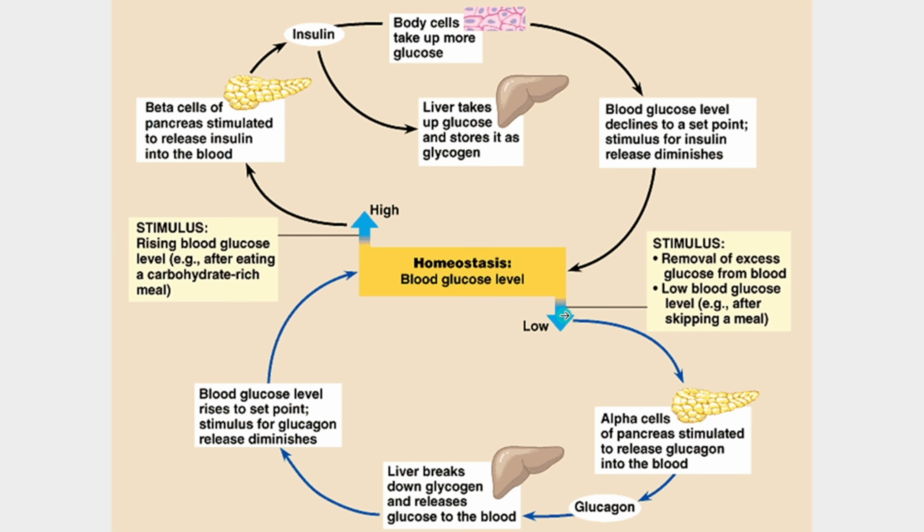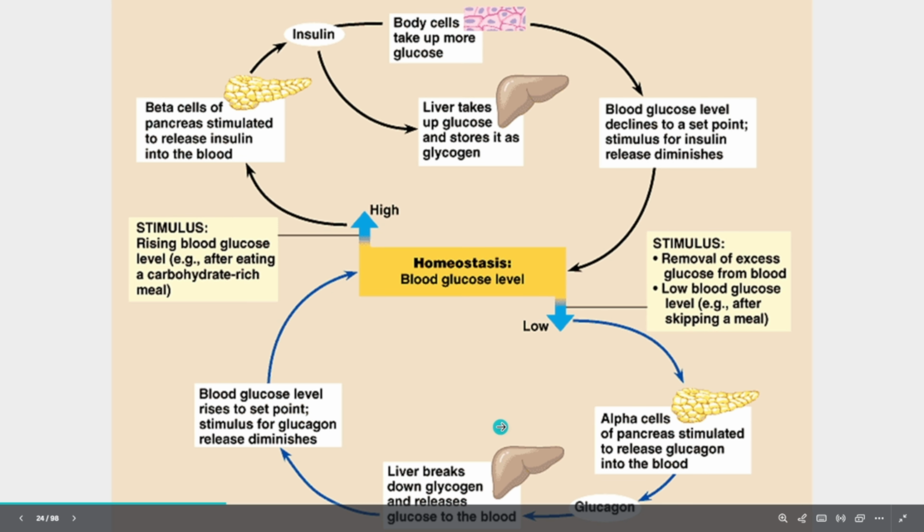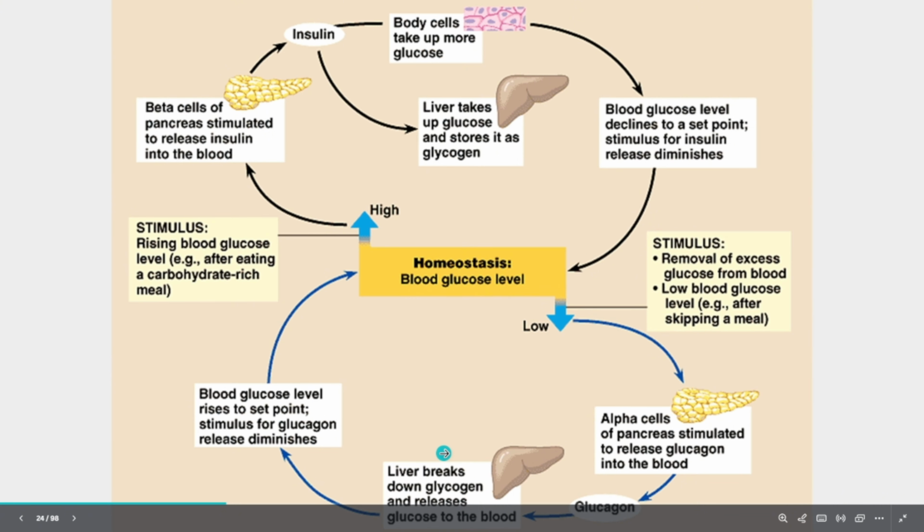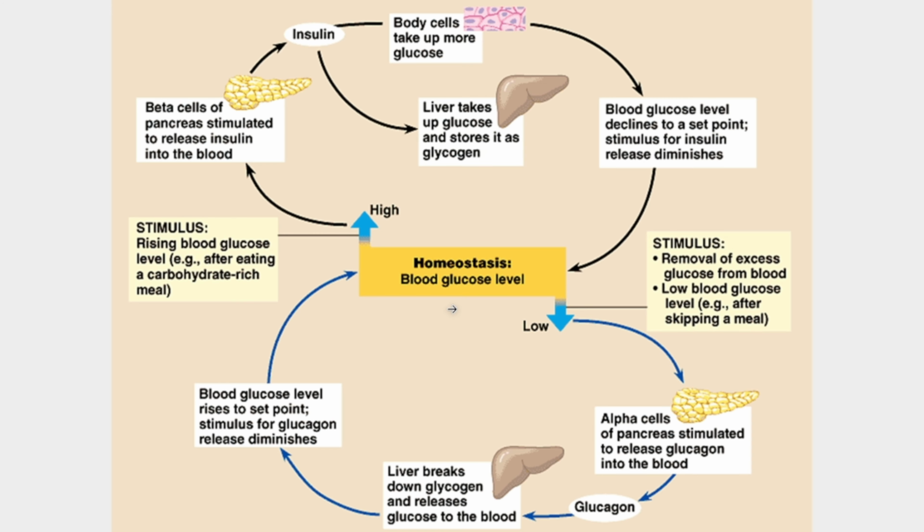Similarly, when your blood glucose level is low, the alpha cells of the islets of Langerhans in the pancreas are stimulated to secrete glucagon. Glucagon will be transported to the liver and break down, or hydrolyze, the glycogen into glucose. This glucose will be released into the blood for other cells that require glucose.